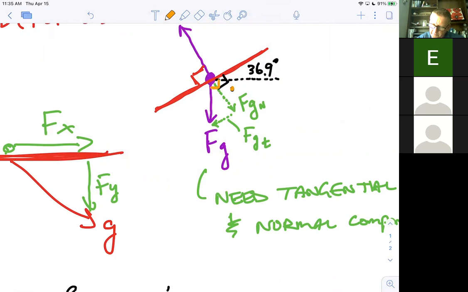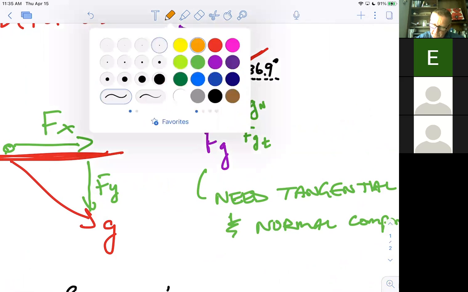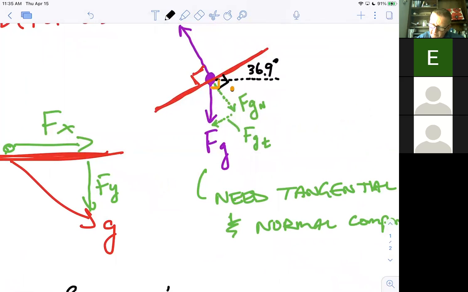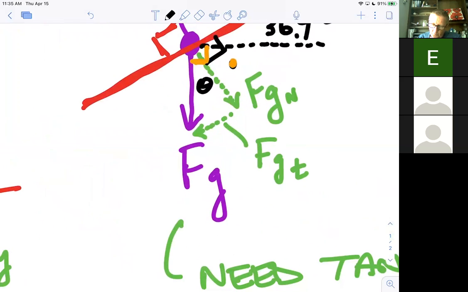So if this angle is 53.1, then that would cause this angle also to be theta. In other words, both of those angles are 36.9. It doesn't matter which one you use, but I think the last one that I drew, theta right there, is the most helpful, because isn't that actually in this green and purple right triangle that we're considering right here?